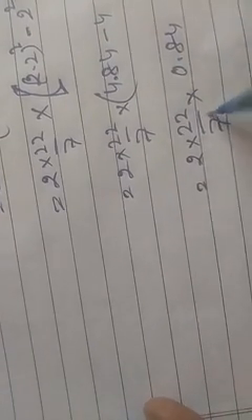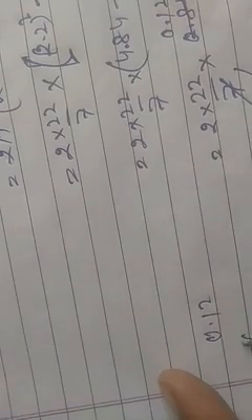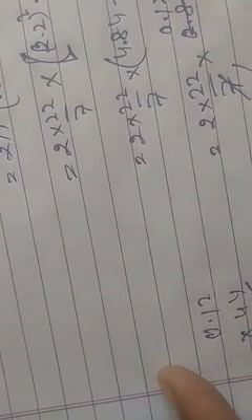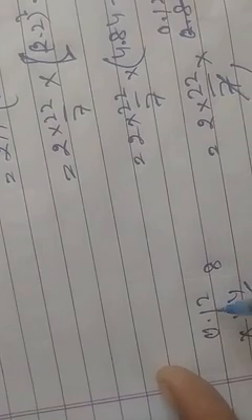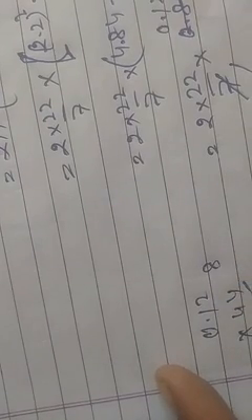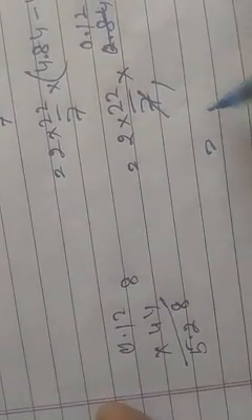Now 7 into 0.12, then 22 twos are 44 into 0.12, which gives 5.28.